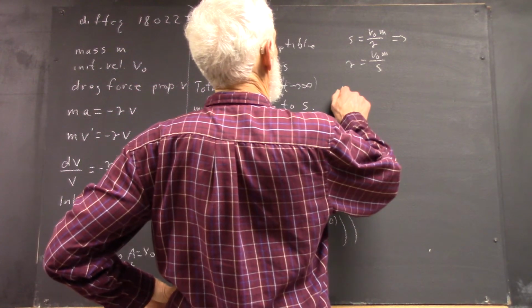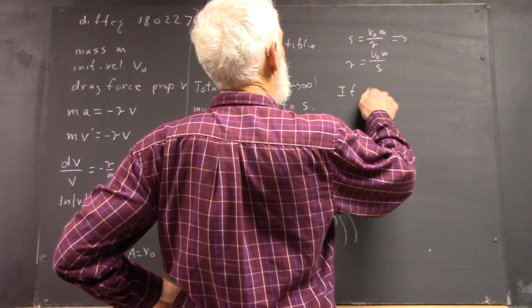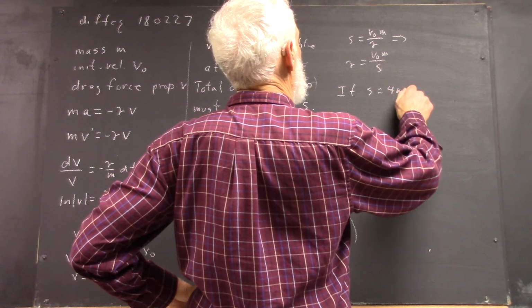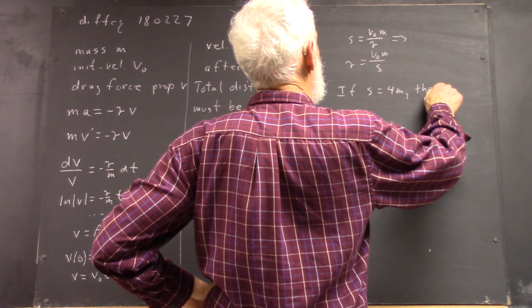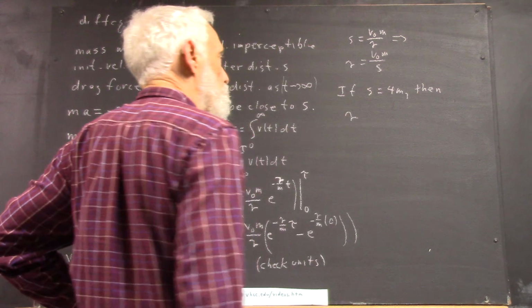If s equals 4 meters, then what's gamma equal?